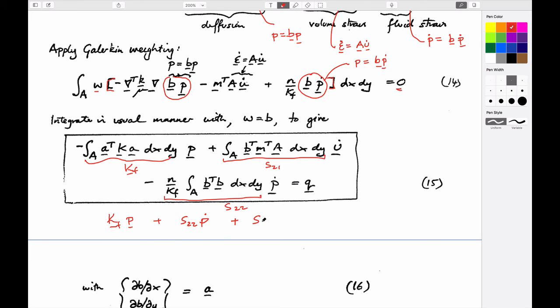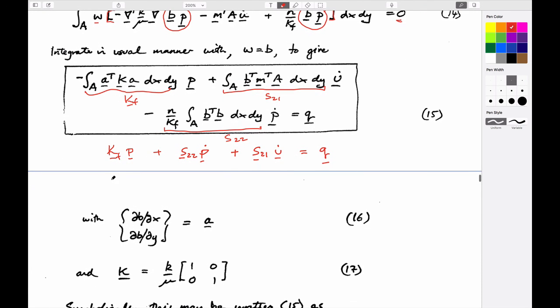And S21 multiplied by U dot is equal to Q. And so if we wrote that in the terminology of what we had before, remember that our flow equations look just like this: Kf P plus S P dot equals Q. Right? This is the FE equation for flow.